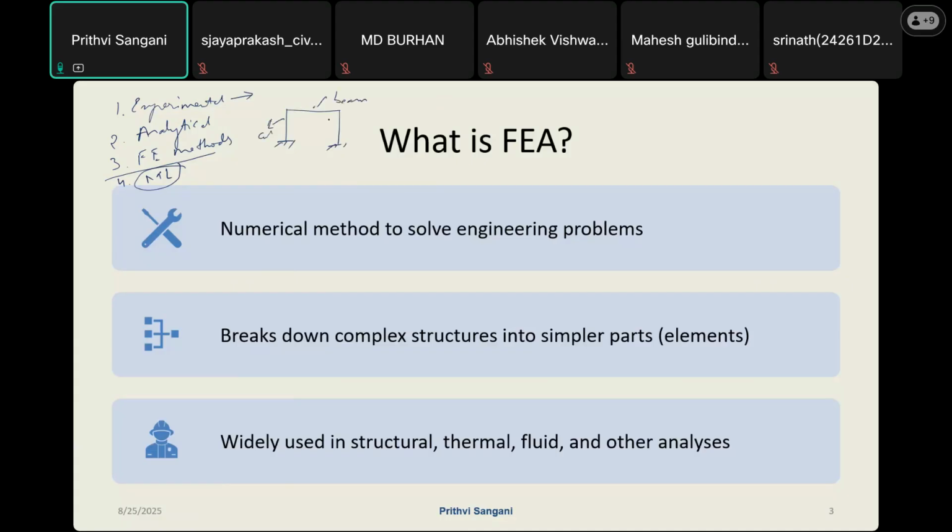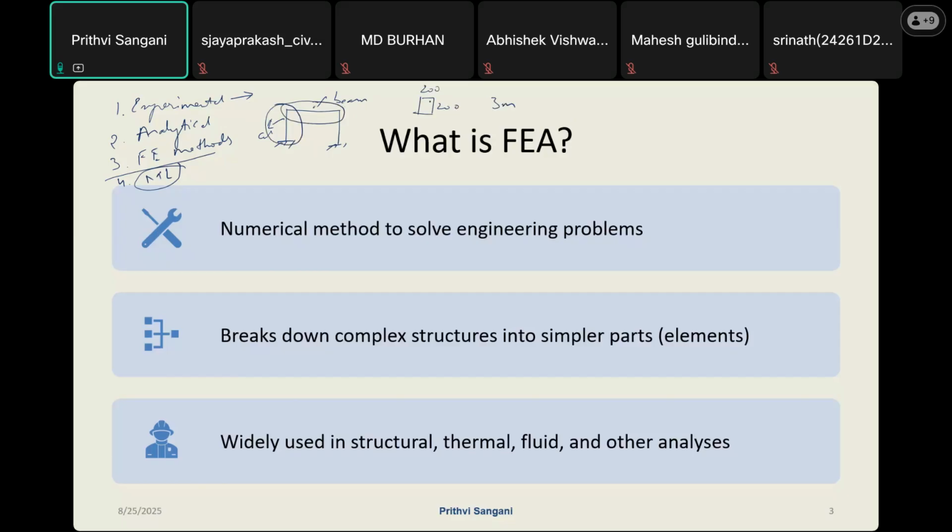From the experimental method, we'll cast this entire column and this entire beam, casting in the sense that you are making it physically. Let us say this beam has a cross section of 200 by 200 and a length, let us say, of a 3 meter span.